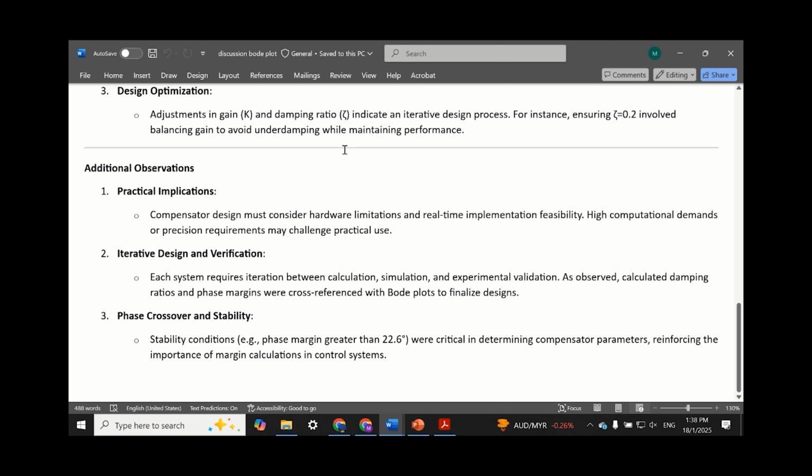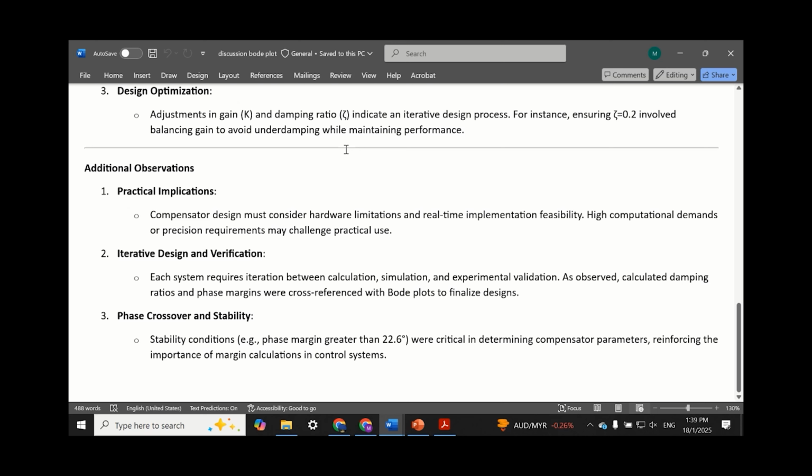High computational demands or precision requirements may challenge practical use. Iterative design and verification: each system requires iteration between calculation, simulation, and experimental validation. As observed, calculated damping ratio and phase margins were cross-referenced with both plots to finalize the designs.